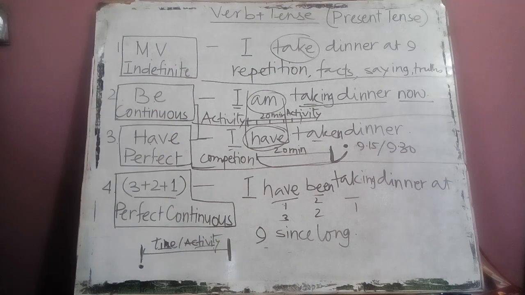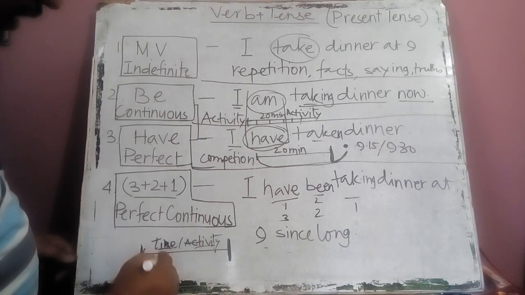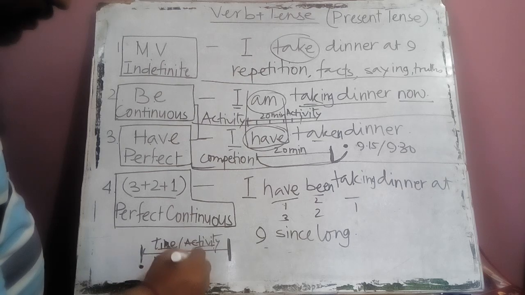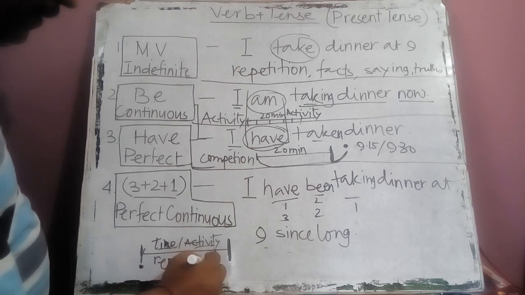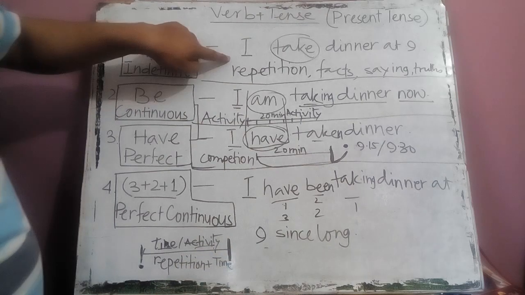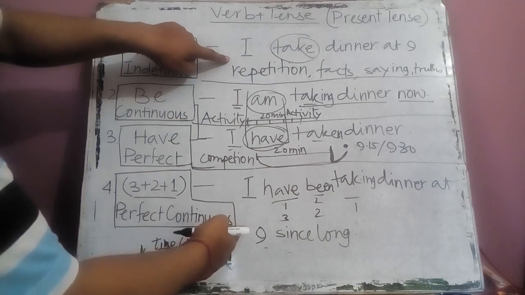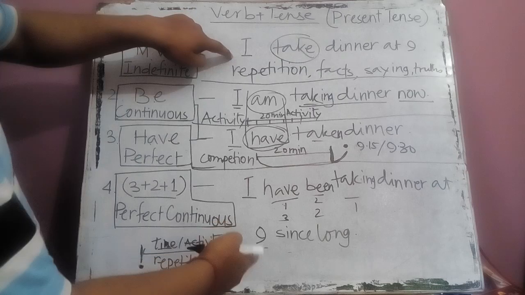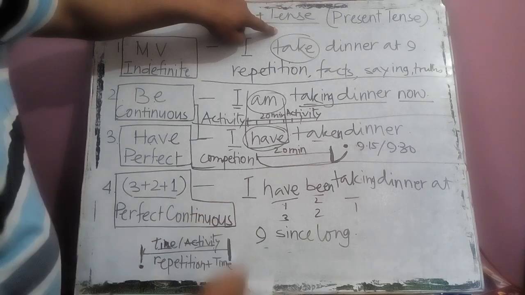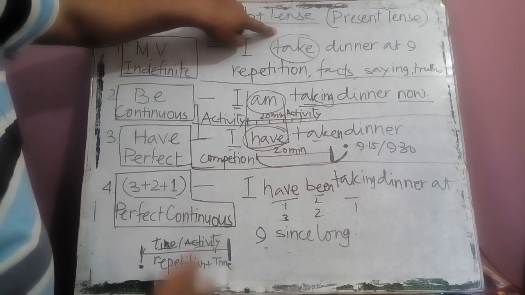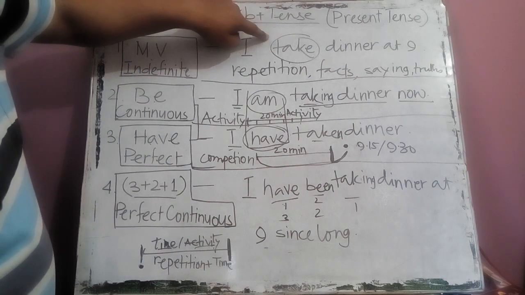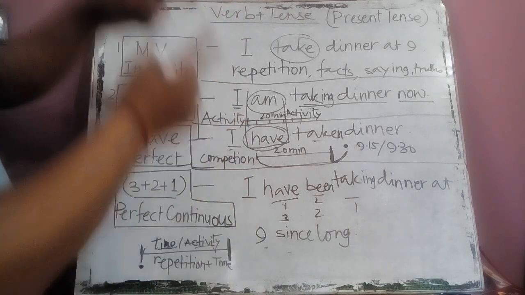So here also comes repetition. You can also analyze it in some other way, like repetition of the work plus time. The difference is, here is repetition, here too comes repetition, but this is without time. That is, we are not concerned with how long you have been doing this, but just with the repetition, that it gets repeated every day.